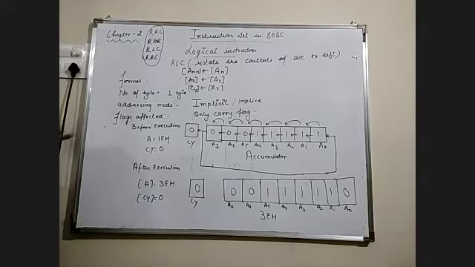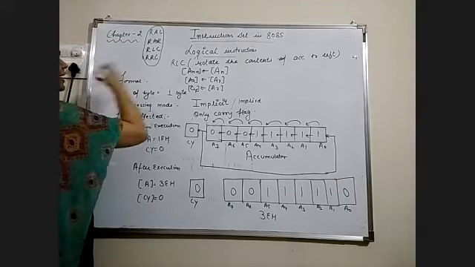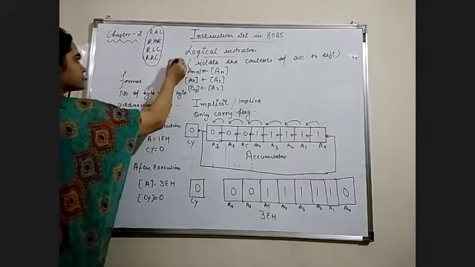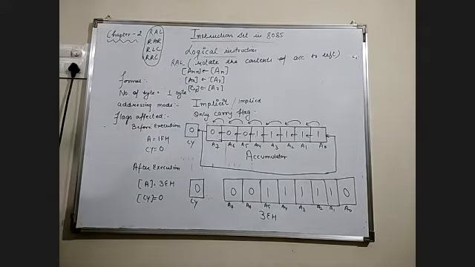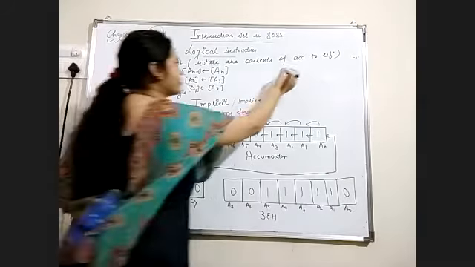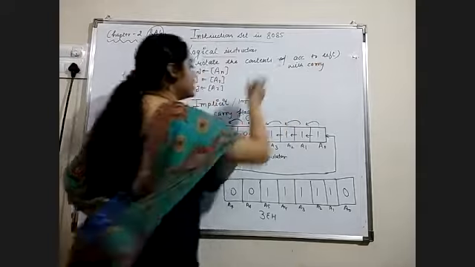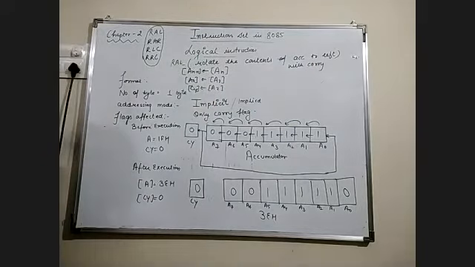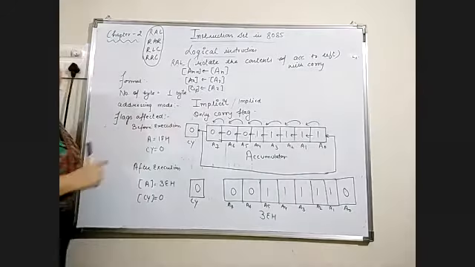Now we can see the next instruction, that is RAL. RAL means rotate the contents of the accumulator to left with carry. In this instruction, while we are rotating the contents of the accumulator, at the same time the microprocessor will rotate the carry flag also.